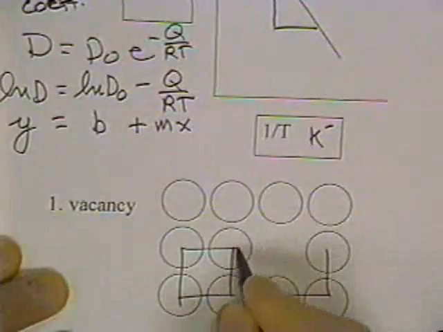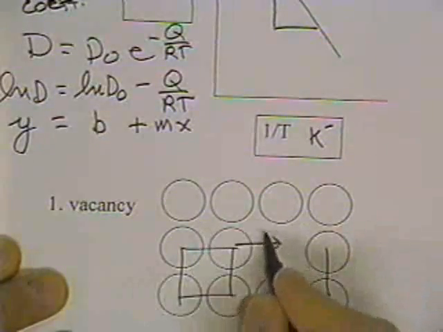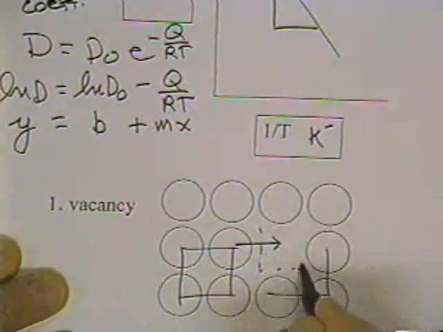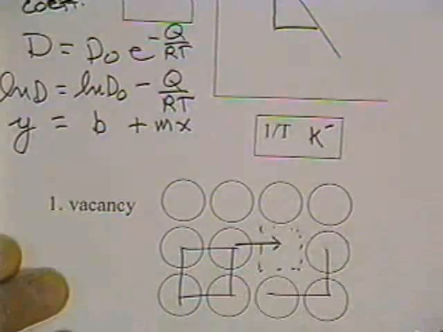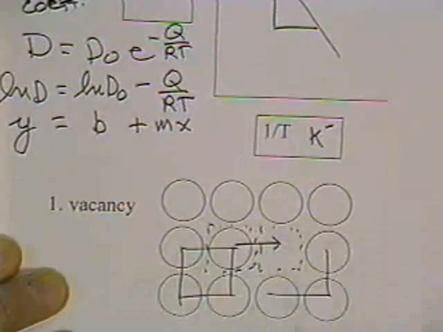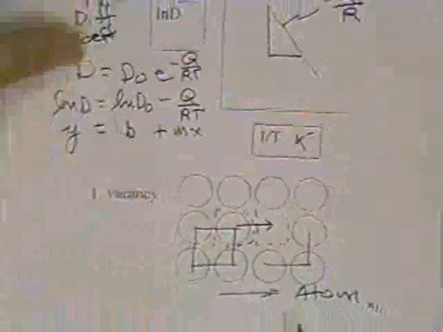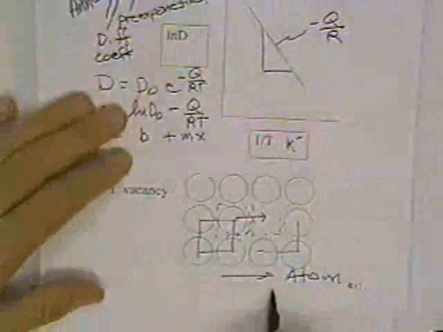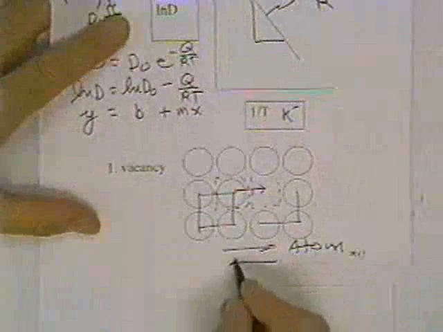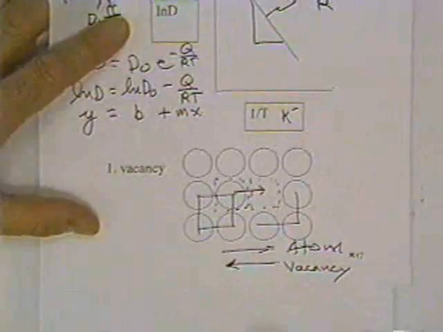So if this atom moves to that lattice site, then we'll make the vacancy as represented by a square set of dashed lines, then the vacancy moves here. So if the atom goes to the right, then the vacancy will move to the left.